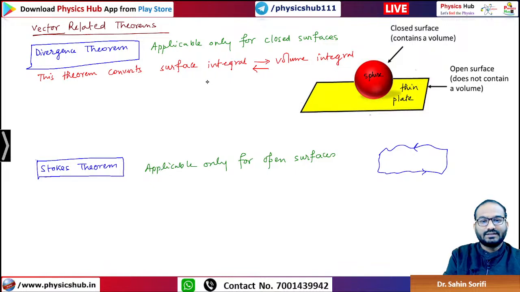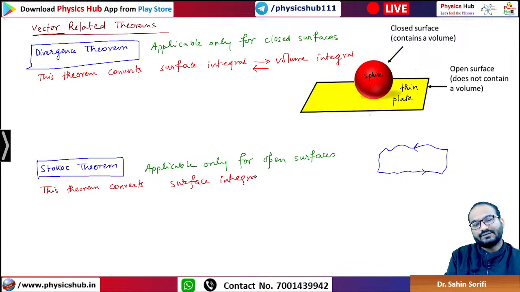So you can simply write surface integral to volume integral and vice versa. And what about this Stokes theorem? This theorem basically converts surface integral into line integral. Surface integral is common in both. Surface integral into line integral, and vice versa. Means from line integral you can come back to surface integral.